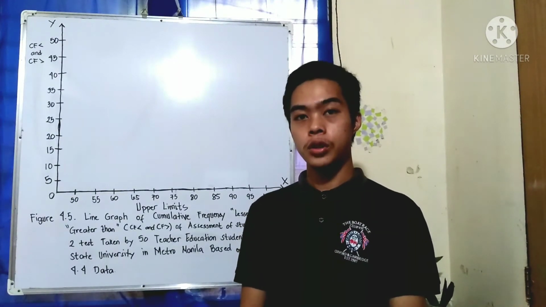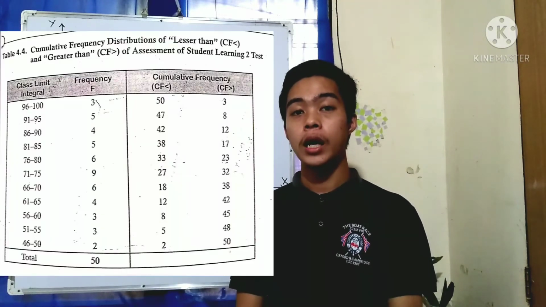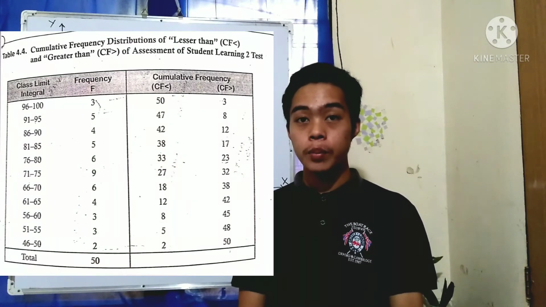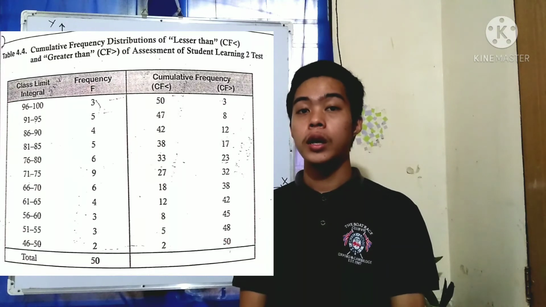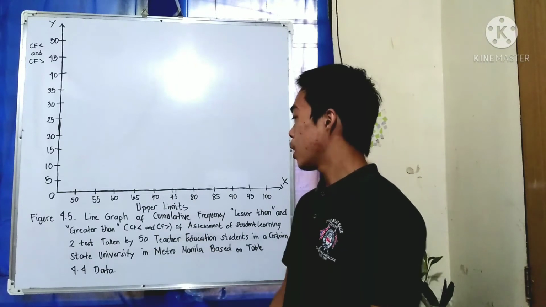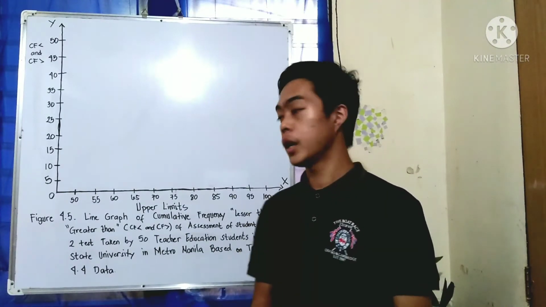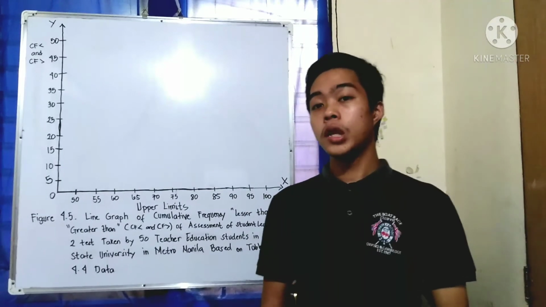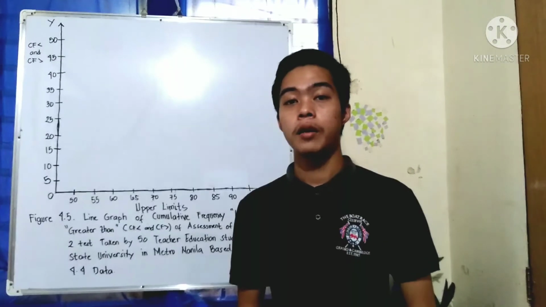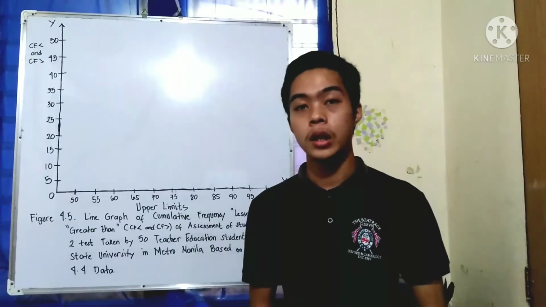Now, in preparing your line graph of the cumulative frequency less than and greater than, we will look back at table 4.4 as our basis. It is important in our line graph of cumulative frequency less than and greater than of assessment of student learning test taken by 50 teacher education students in a certain state university in Metro Manila.